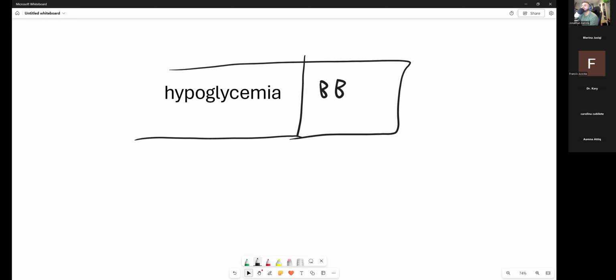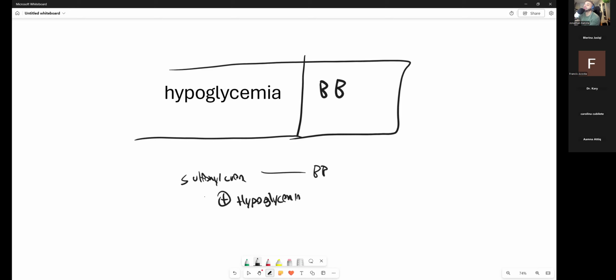It does help in that sense. Yes, Mariam, that is correct. That's where I'm going with this one. I'm saying that hypoglycemia can be masked with beta blockers. So if a patient is taking a sulfonylurea and is also taking beta blockers, the sulfonylurea can provoke hypoglycemia.